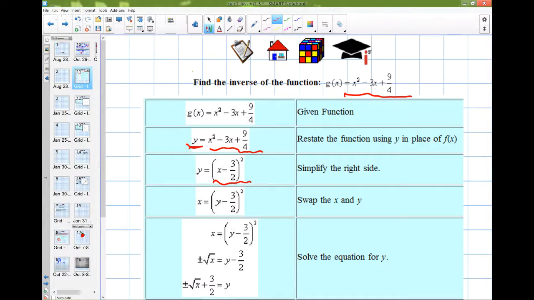I don't know how many of you are into this, but people from my last semester will know, I would call that a ding, ding, dinger. And the reason is that you should be able to spot that that's a perfect square trinomial. Why? Because the first term, x squared, and the last term, 9/4, are perfect squares.